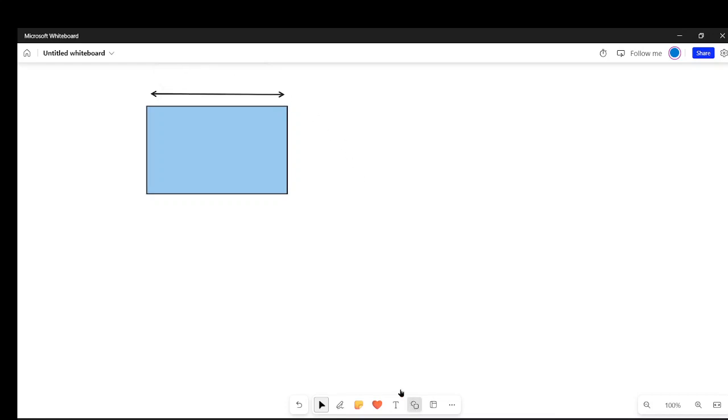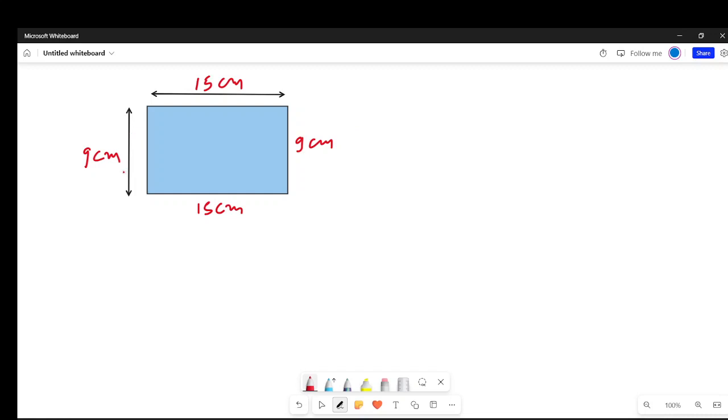And this is 9 centimeter. Clear? This is 15 centimeter and this is 9 centimeter. So if this is 9 centimeter, then this will be 9 centimeter. This will be 15 centimeter.